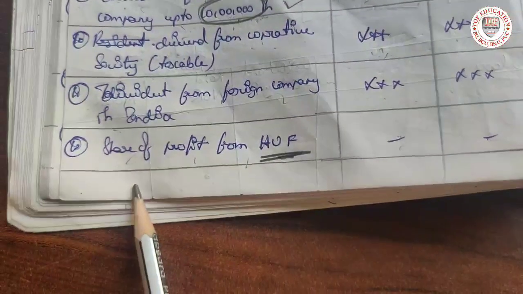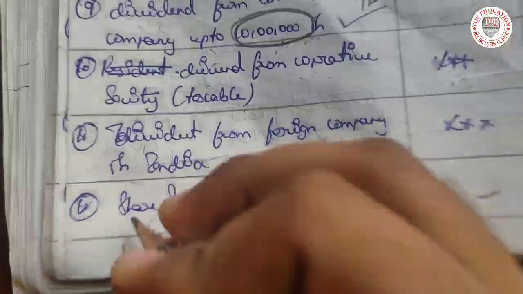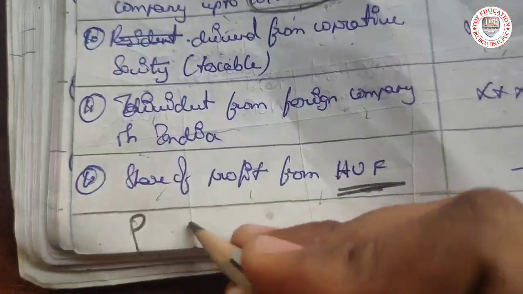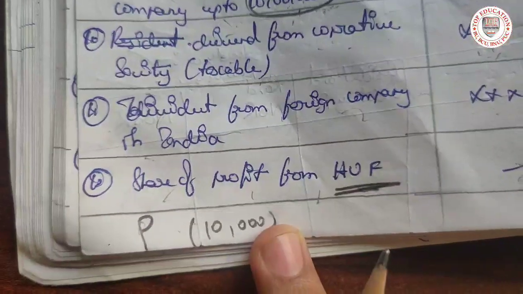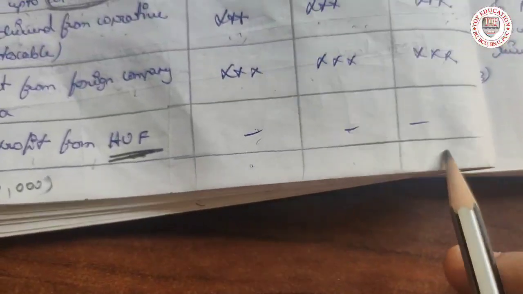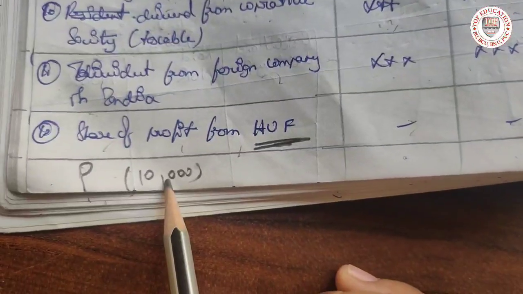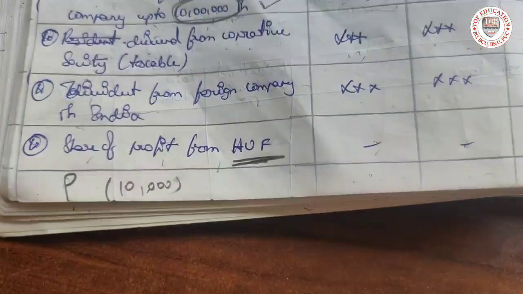Here we also have the entry of post office, which has a limit of 10,000. If it exceeds 10,000, we write the amount in all 3 columns. If it is below 10,000, then it is exempted.